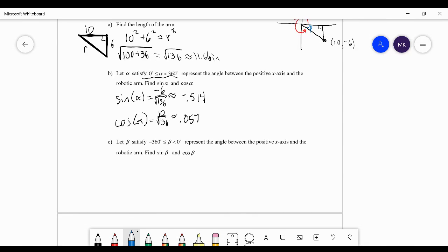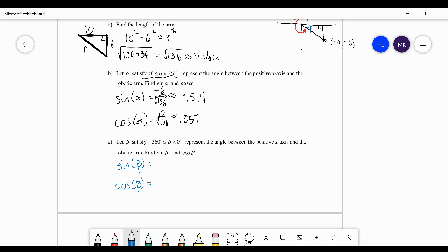Okay, and so it just wants us to find sine and cosine of that. Well, again, sine of beta, cosine of beta. We have our terminal side, and that still has that point (10, -6), and we have the same radius.